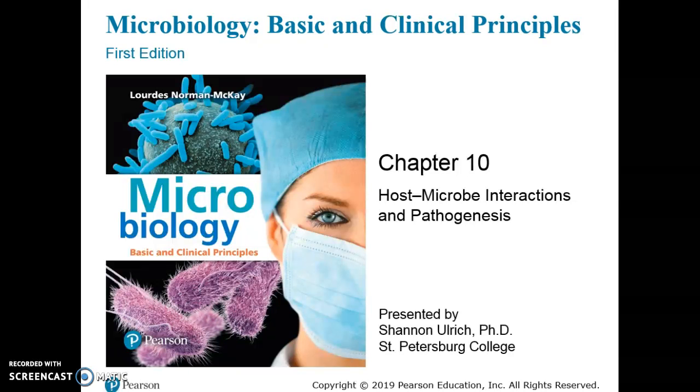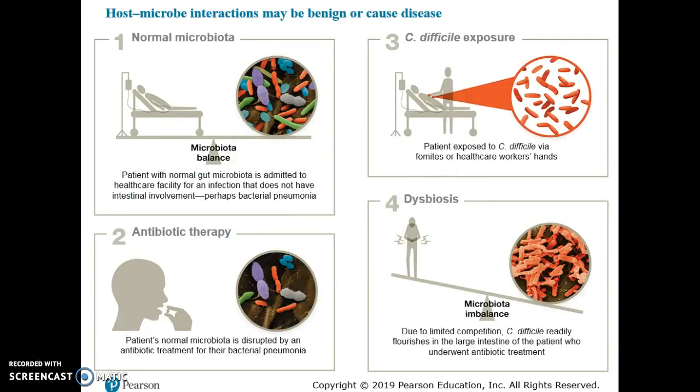Typically, when you have those negative interactions, it's going to involve pathogenicity, the opportunity for an organism to be pathogenic, to cause disease. Here you have Figure 1 in Chapter 10 that looks at the fact that these host-microbe interactions can be benign or cause disease.